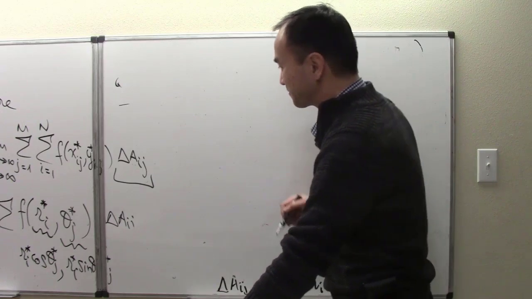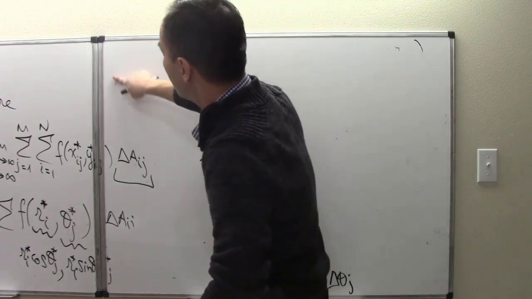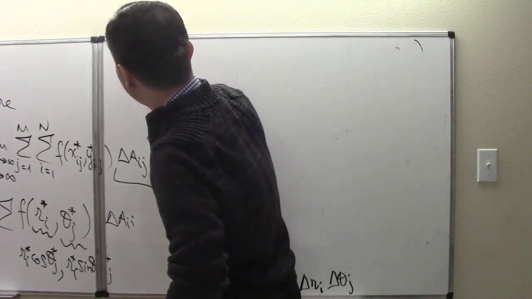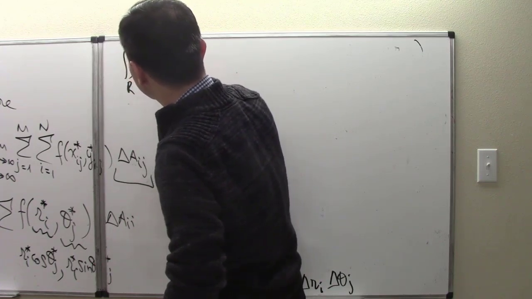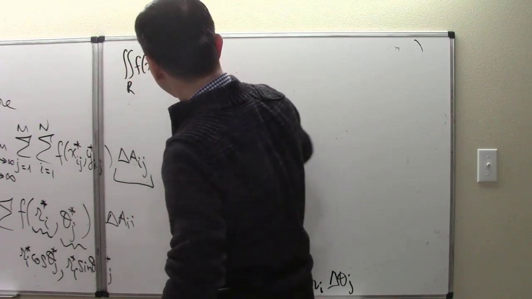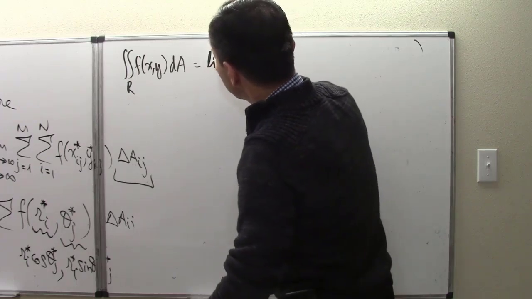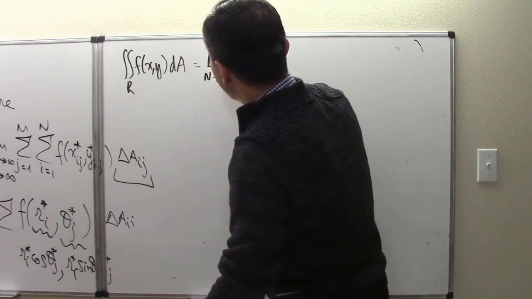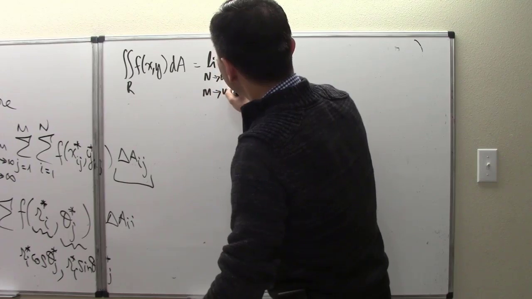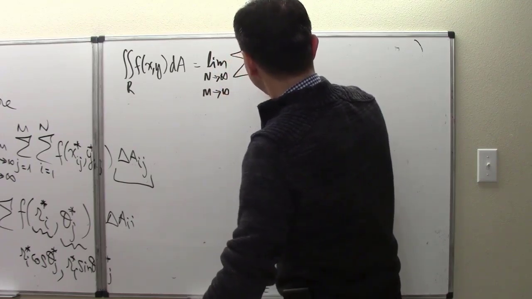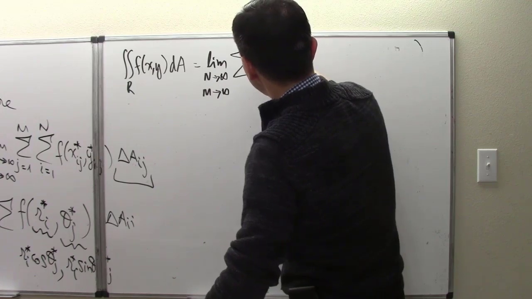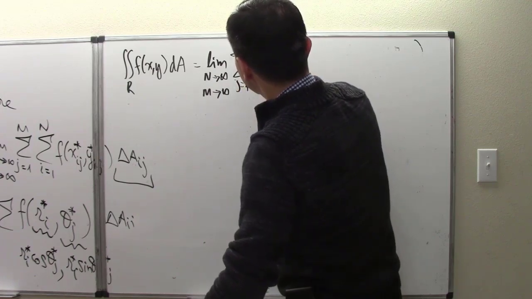So yes, for a double integral over any of our general regions, any time that we attempt to go with polar coordinates, we can express that as the limit as n goes to infinity and m goes to infinity of the double Riemann sum, i from 1 to n, j from 1 to m.